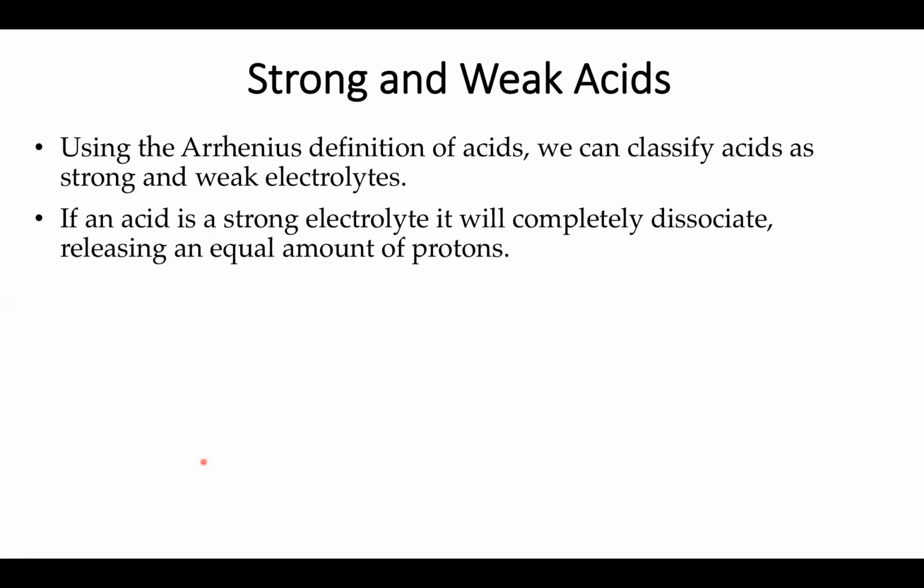So if I have an acid that's also a strong electrolyte, that means it completely dissociates to produce an equal amount of protons as I originally added acids. So any acid that completely dissociates, or is a strong electrolyte, we're also going to call a strong acid, which again makes sense. That's where the strong in strong acid comes from.